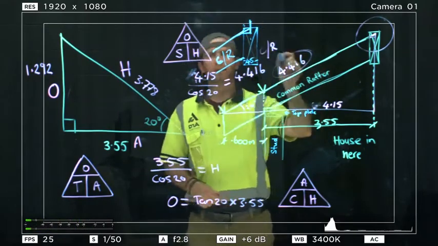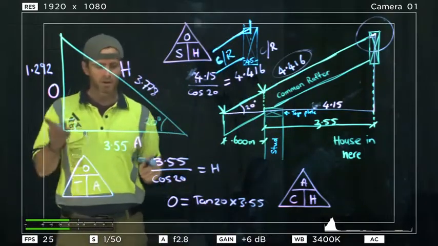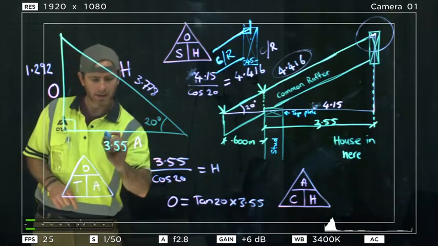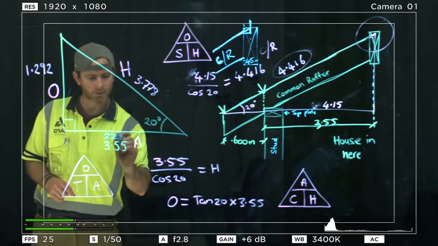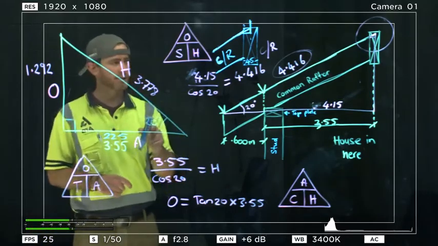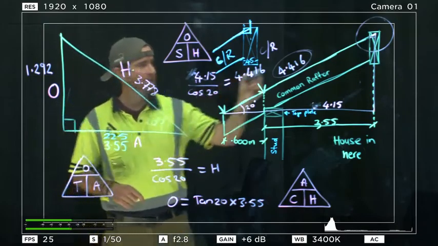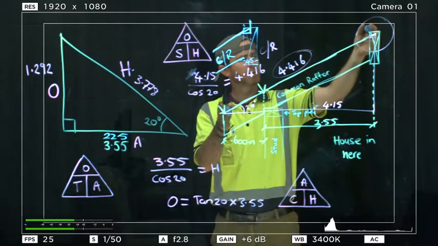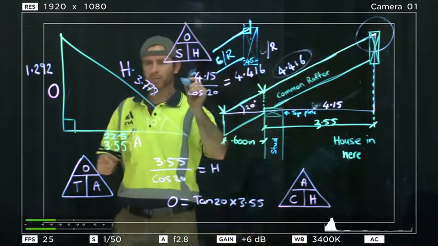So if I come over here, and I'm going to write in blue, and I'm going to use this triangle, down here our run of the triangle is going to be 22.5. Our angle is going to stay the same. We do need to find this to then be able to subtract it off that overall common rafter length to get our actual common rafter length. So, bear with me.